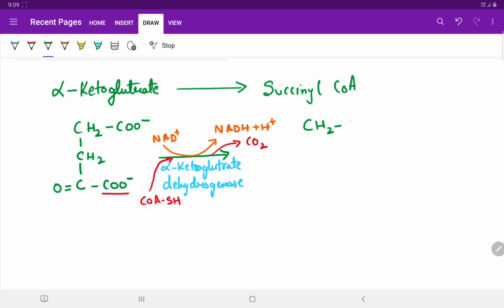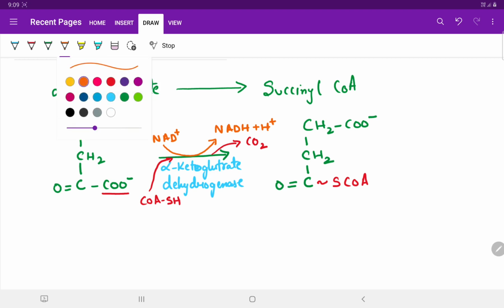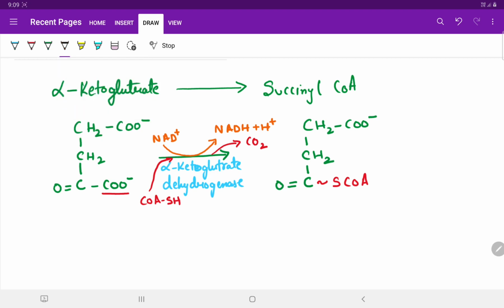So now let us draw the structure for succinyl coenzyme A. I shall be highlighting the changes with red color. So at the third carbon there will be an attachment of one succinyl coenzyme A. So this is the structure for succinyl coenzyme A. And for this reaction an inhibitor is also present known as arsenite.